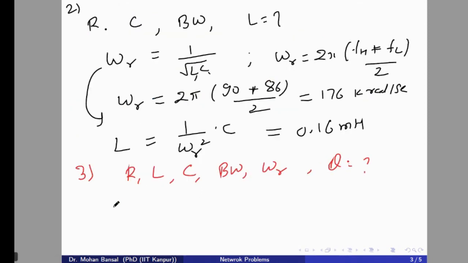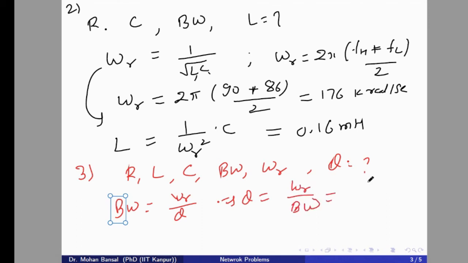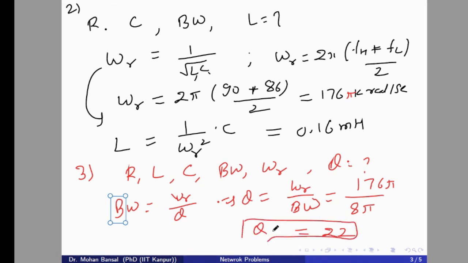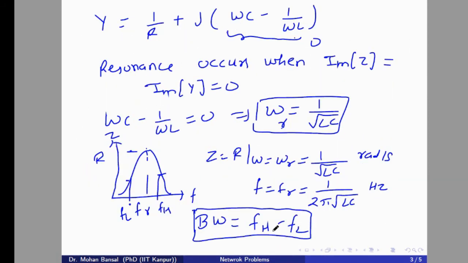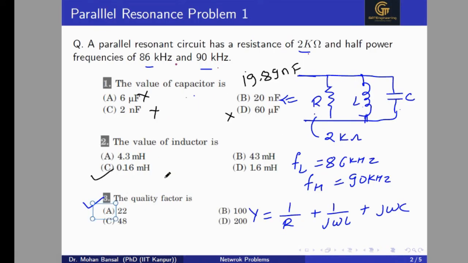So bandwidth is equal to omega R divided by Q, so we can compute the quality factor, which is omega R divided by bandwidth, where omega R is 176 kiloradian per second and bandwidth is 8 pi. After solving this, we get the quality factor, which is 22. So in this problem, the first option is correct.